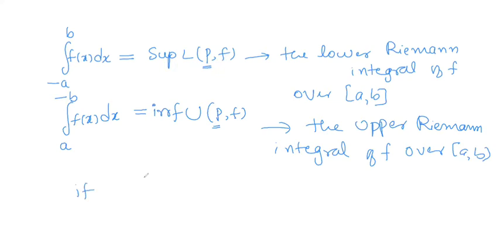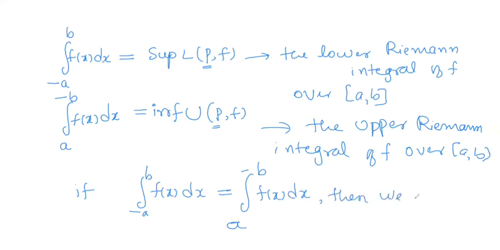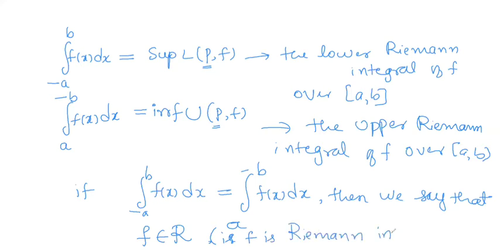If the lower Riemann integral of f over the closed interval a comma b is equal to the upper Riemann integral of f over the closed interval a comma b, then we say that f is Riemann integrable over the closed interval a comma b.